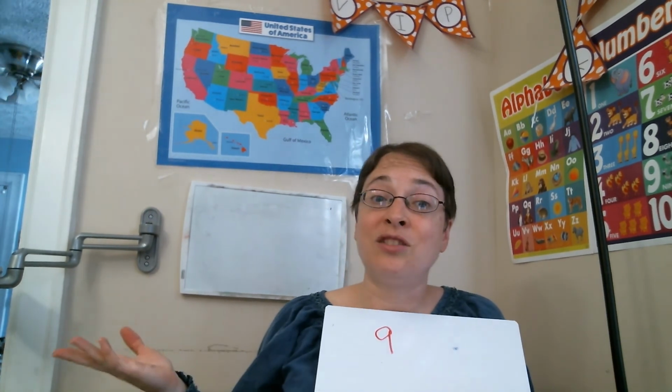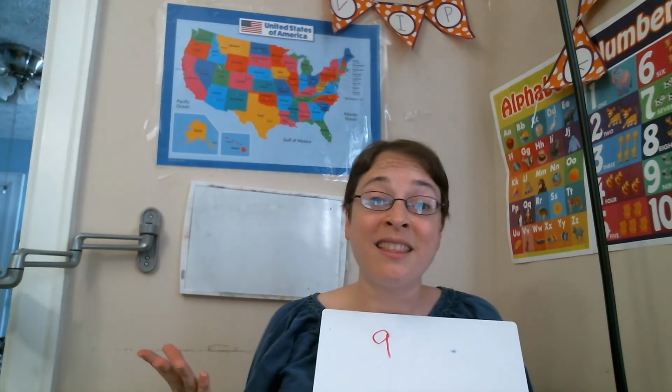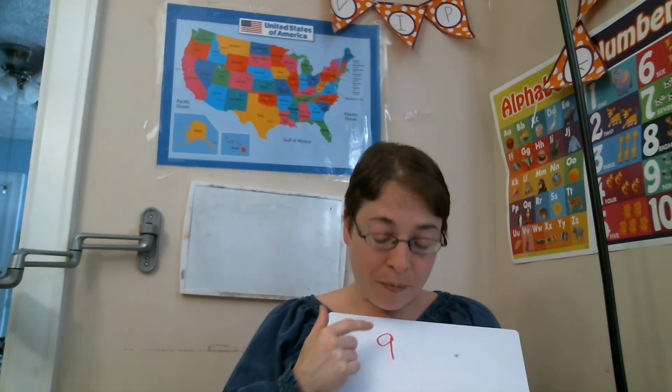Some are zebras, some are lions. And make a number sentence and a number bond about your story. You can make a story about anything that you want, any objects that you want, but make sure the total number is 9. And practice different ways to make 9.